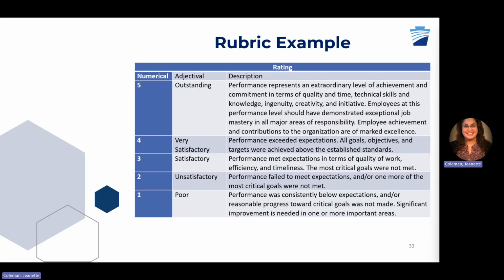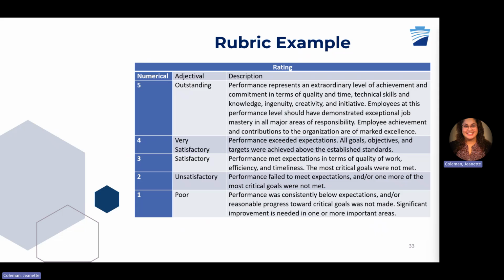Here is an example of a rubric measuring employee performance. The Strategic Performance Management System is a mechanism that links employee performance with organizational performance to enhance the performance orientation of the compensation system. It ensures that employees achieve the objectives set by the organization.